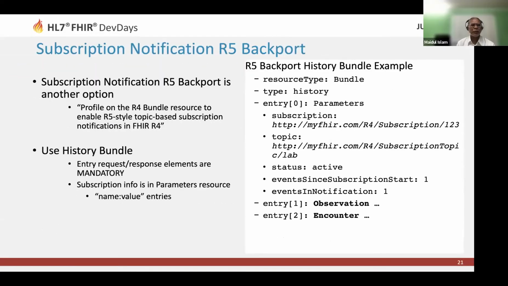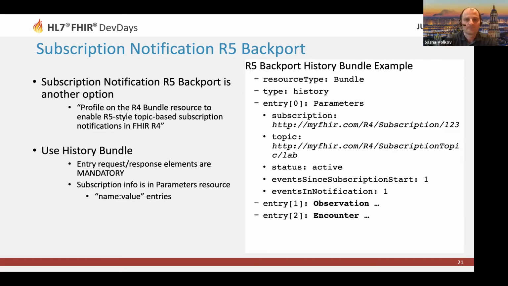Yeah, I could find one thing in R5 itself. There is an option called R5 backport. As R4 is silent on how the notifications can be bundled together and sent, we can utilize the R5 backport. It's still a bundle and history, but the representation for entry 0 is a little different.